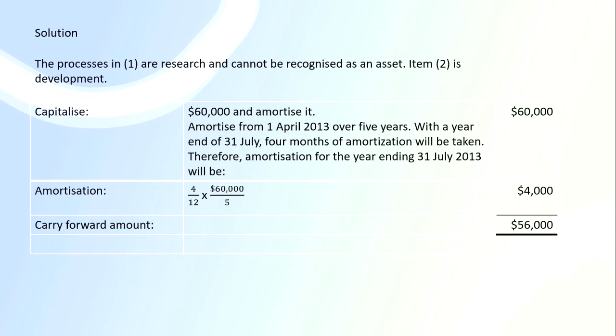The amount to be amortized is 4 months over 12, multiplied by the 60,000, and the useful life is 5, so you divide by 5 and you get 4,000. So the amount that should be reported in the statement of financial position is 56,000, which is the intangible non-current asset capitalized, 60,000, minus the 4,000.